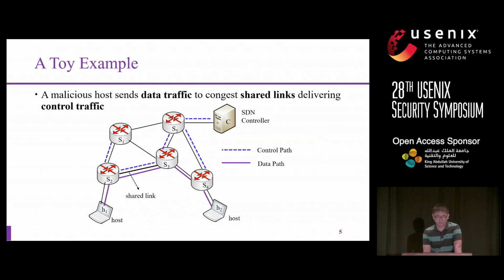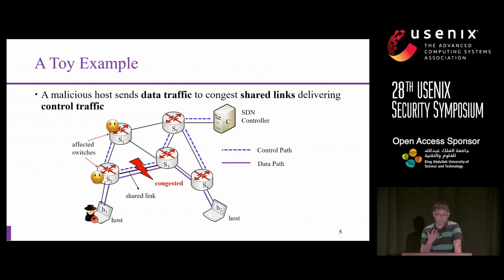As you can see, the link between S2 and S3 is a shared link. So if an attacker floods the data path, then control traffic passing the shared link will also be congested.